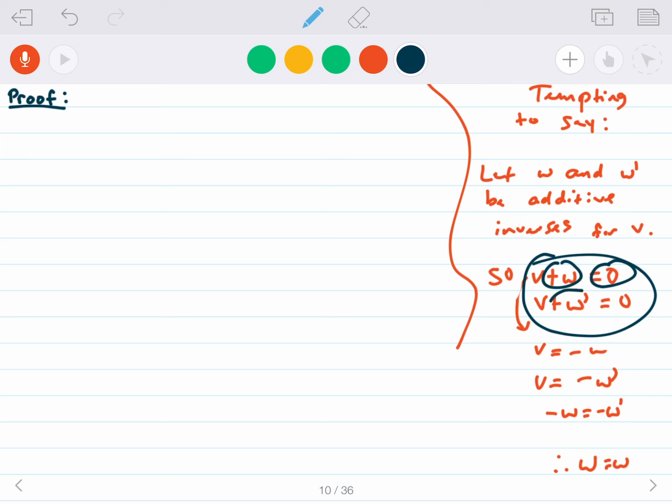And we assumed that when we subtracted minus W prime from both sides, that minus W prime is the unique additive inverse for W prime. So we can't do that, because that's circular reasoning, right? We can't use the fact that there are unique additive inverses in the proof to show that there's a unique additive inverse.